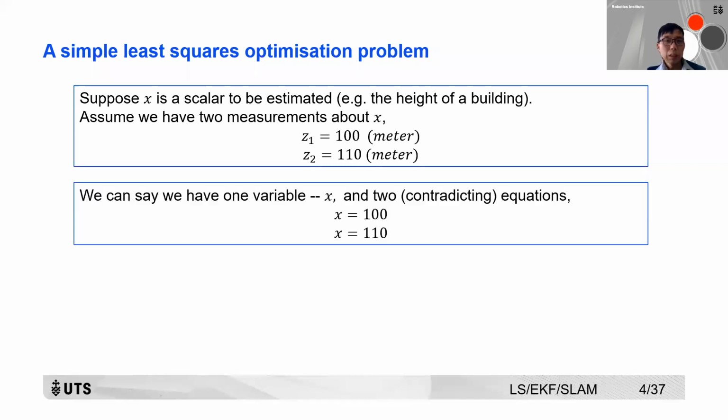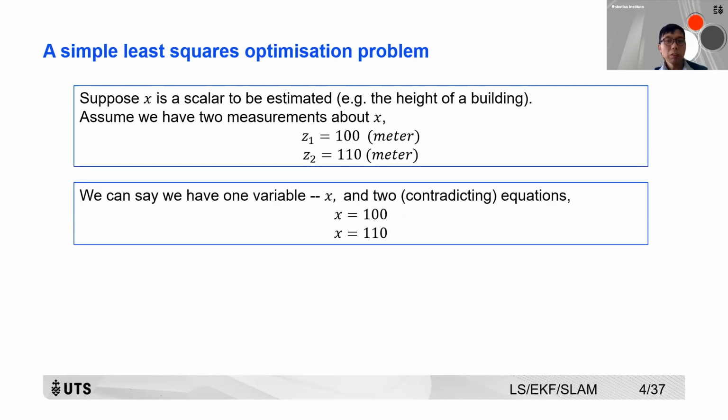In this case, we have one variable, which is X, and we have two equations, and the two equations are contradicting. One equation says X equals 100, one says X equals 110. So what do we do in this situation?